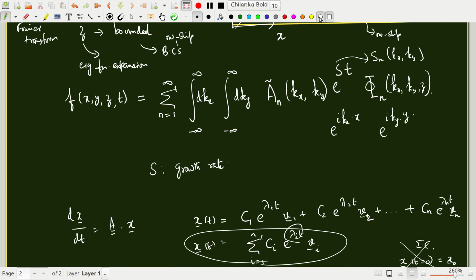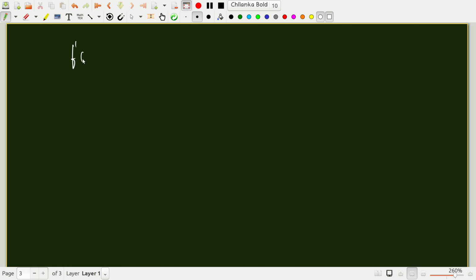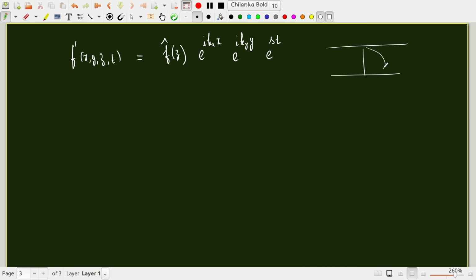Now going back to the fluid mechanical problem, here again what we will do is we will not use this expansion. We will simply say that any perturbation can be written as some f cap of z, which is the function in the z direction, e to the i k x x, e to the i k y y, e to the s t, for the problem that we just discussed. x and y are unbounded directions and z is the bounded direction.